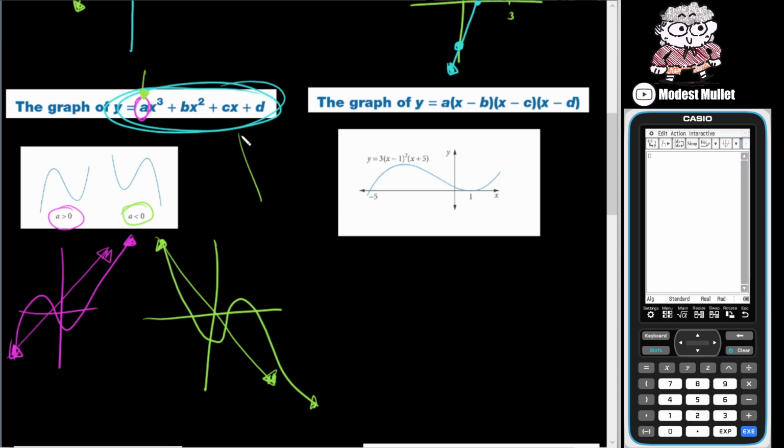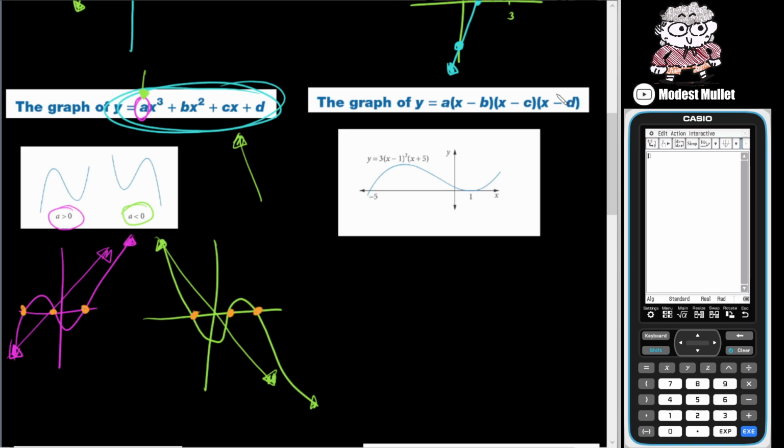From these general forms, you can sometimes factorize, or factorize to some extent. Now, how many factors you get depends on how many intercepts the function has. In both cases that I've drawn, both of these graphs have 3 intercepts.